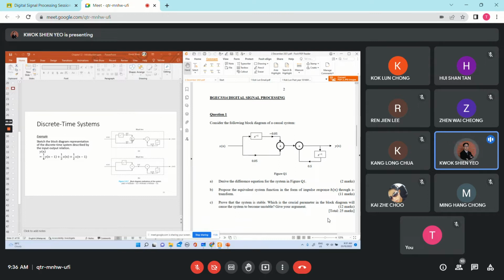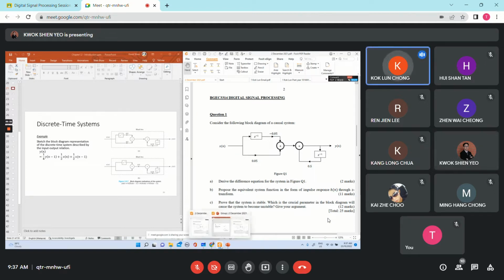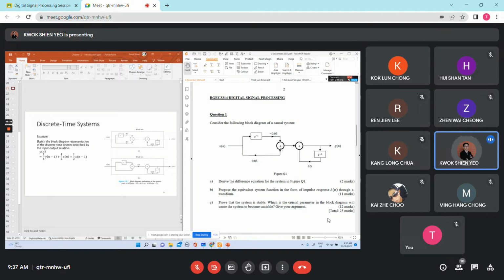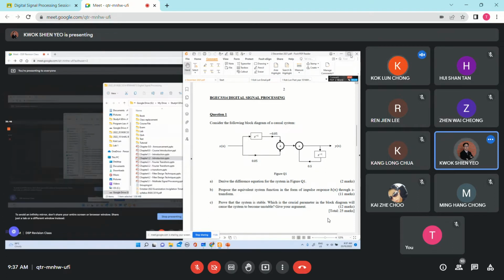Just a little bit of value change. This is 0.5, then in the exam it is 0.05. So just refer back to this slide, think about it, and how you get the answer. I just modified a little bit from the slide.